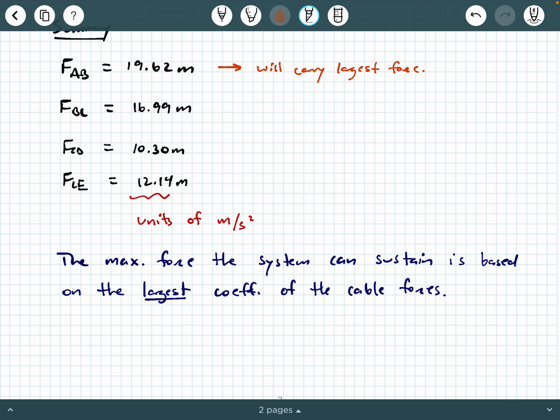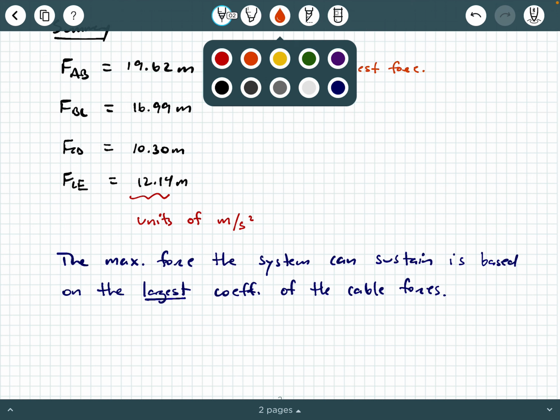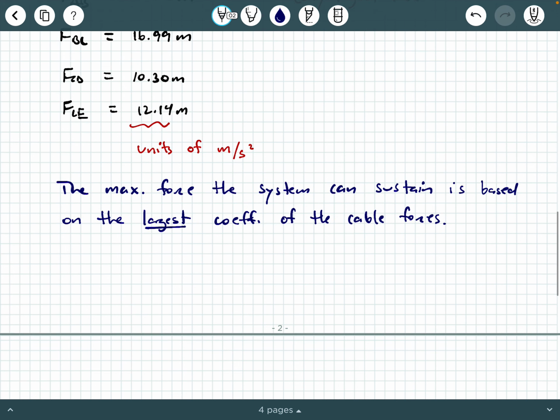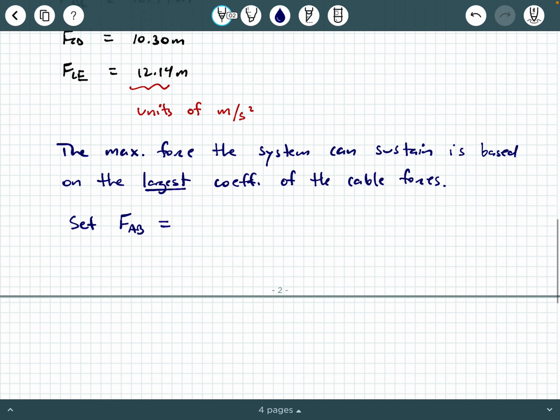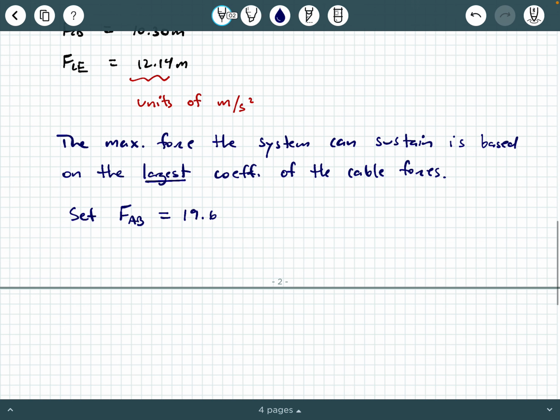So to answer the last part of this problem, what we're going to do is set the force in AB, okay, which is, what do we say it was, 19.62 meters per second squared times M equal to 300 newtons. Remember, in the problem statement, the 300 newtons is the largest force that any of the cables can support based on the directions, okay?